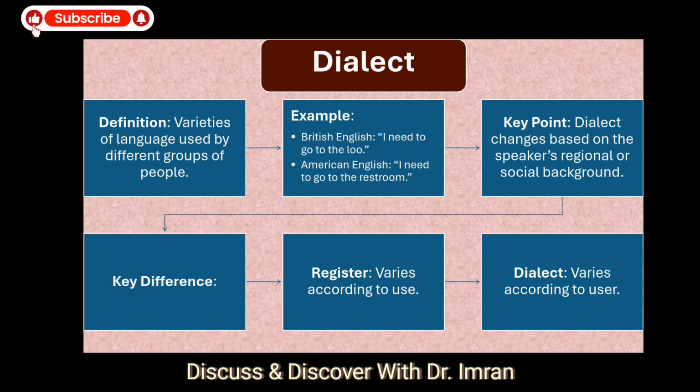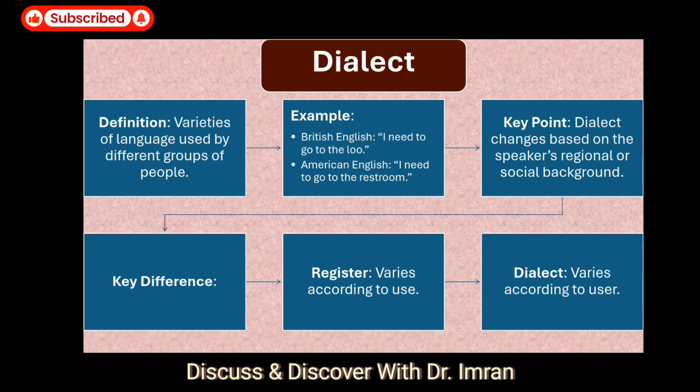Right? So what is the key difference? Register varies according to the use and dialect varies according to the user. This is very, very important. Register varies according to the use of language, the purpose of communication, or the situation.